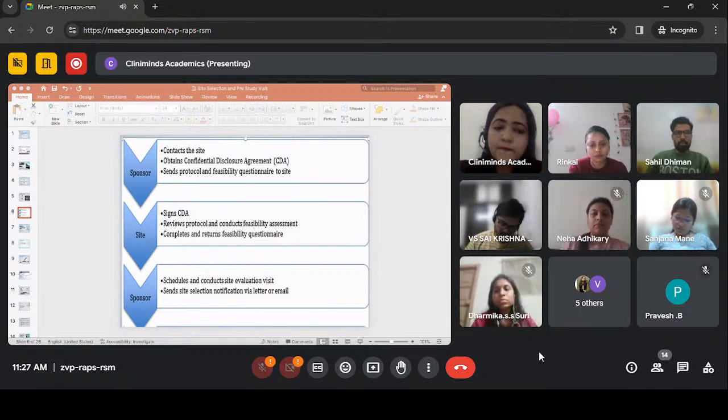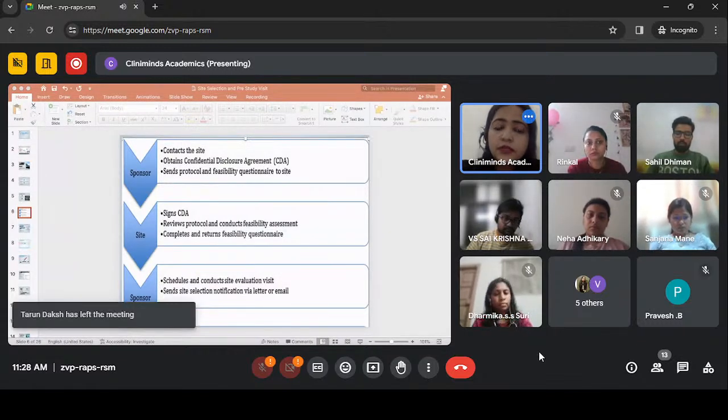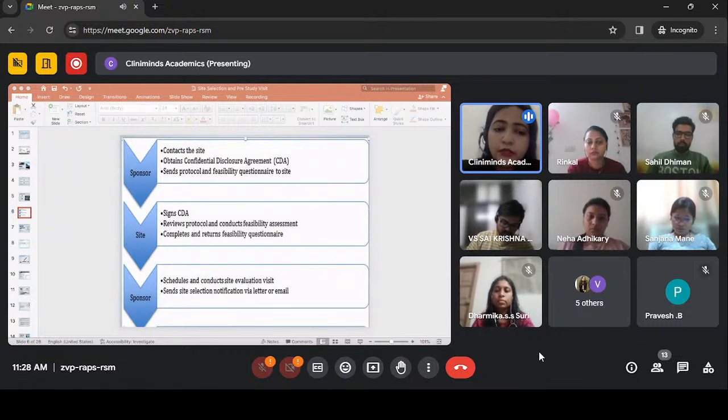Good. Okay, now this protocol, what the study is all about, and the feasibility questionnaire will be sent to that particular site which the sponsor is trying to consider for carrying out the trial. So now the principal investigator is going to review the protocol, what the study is all about.